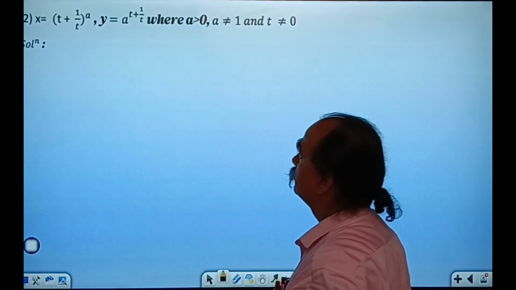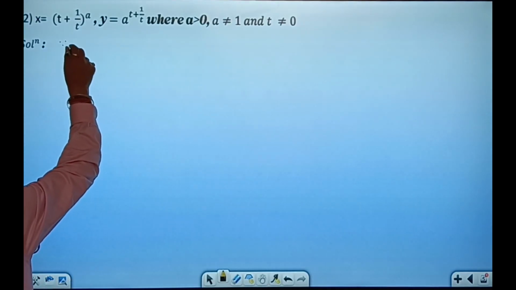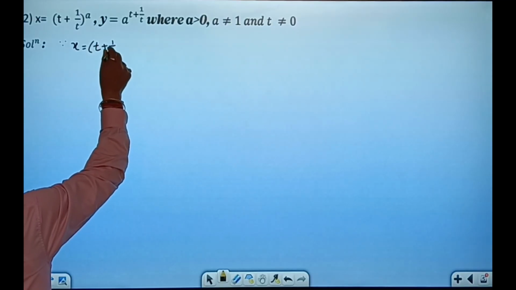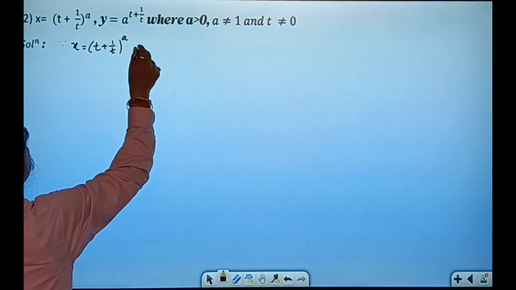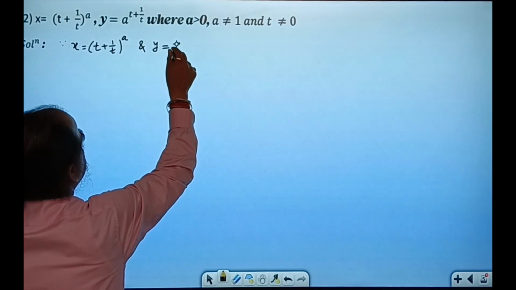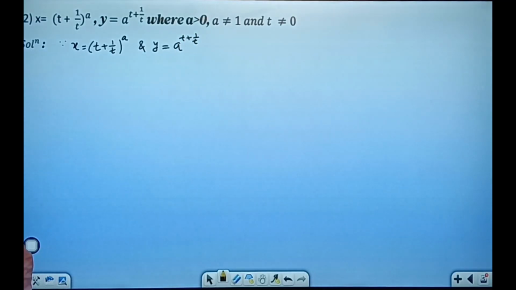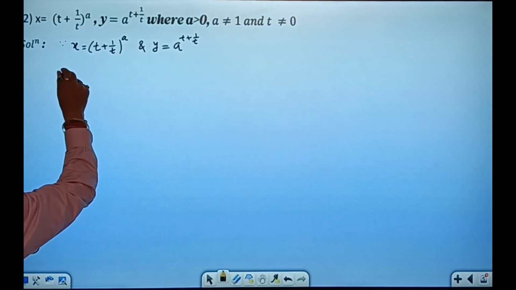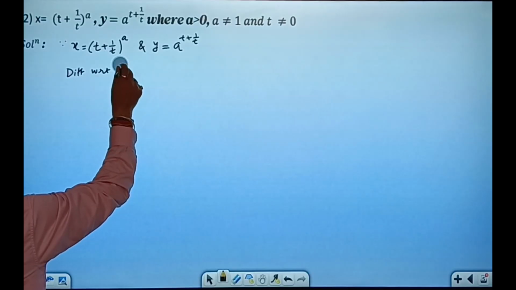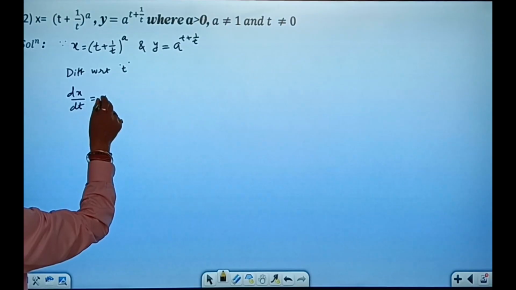x is (t plus 1 upon t) raised to a, and y is a raised to (t plus 1 upon t). Differentiating with respect to t, dx by dt is what?